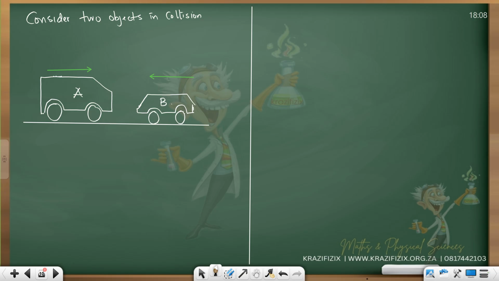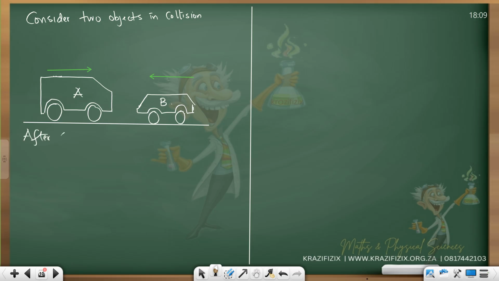Just use your common sense, then I'll use physics to explain. The driver in B, that means you watch accidents on the road. Okay. The driver in B is likely to get more injured. The question is why?